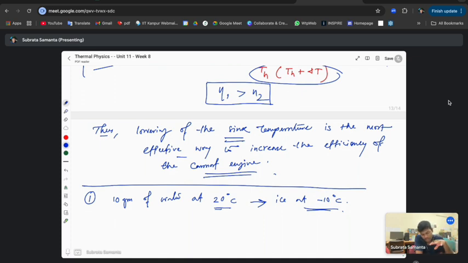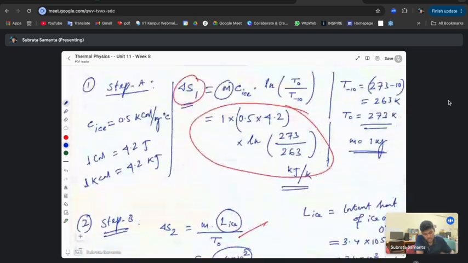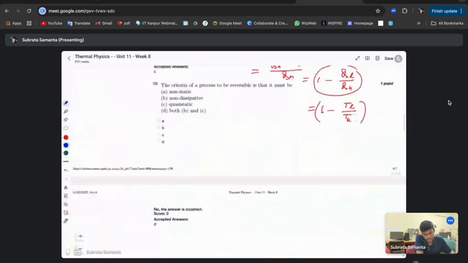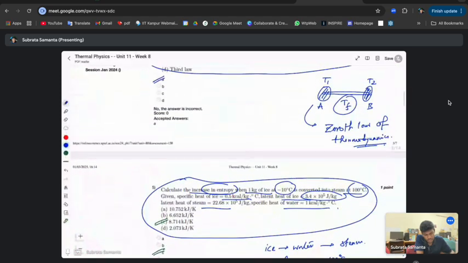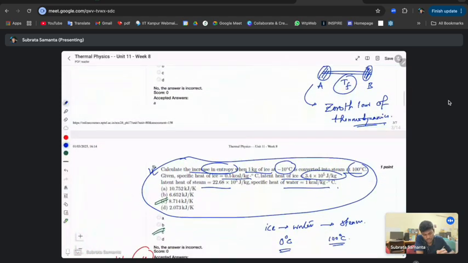So this is basically the same problem. So if you look into this problem, I read this question again. Calculate the increase in entropy or the change in entropy, right? When 1 kg of ice at minus 10 degrees centigrade is converted into steam at 100 degrees centigrade, right?